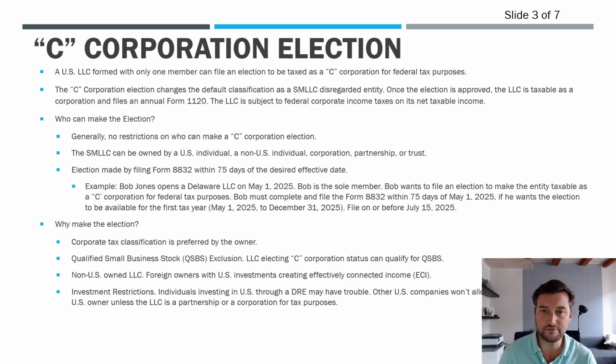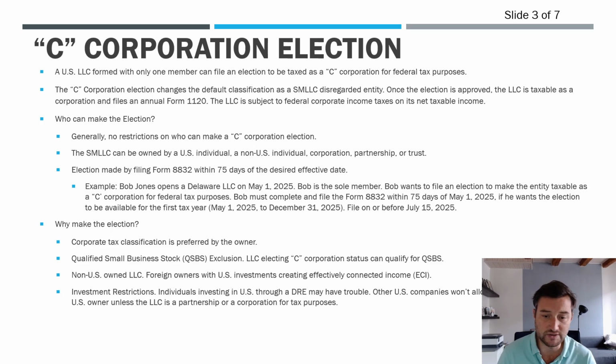So in order to rectify that, you file the C Corp election. You now have a C Corp entity, a U.S. corporate entity, and all the activities that are flowing through into that LLC are just taxed at the LLC level. And there's no pass-through to a non-U.S. owner, which can be beneficial in some circumstances.